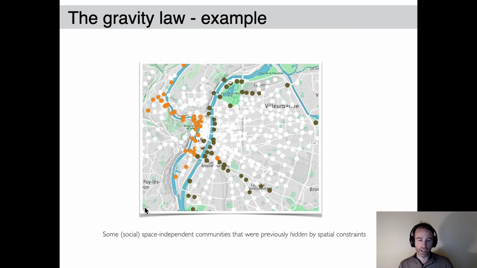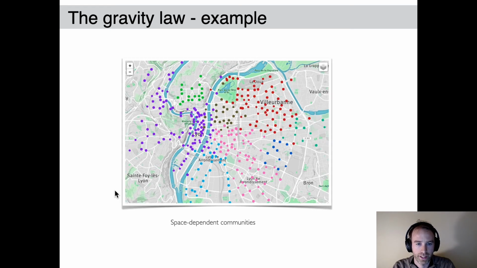So you're discovering maybe some social phenomenon, using the banks of the river as a bicycle lane, which was before hidden by the influence of space. So you see that you don't really have these communities.